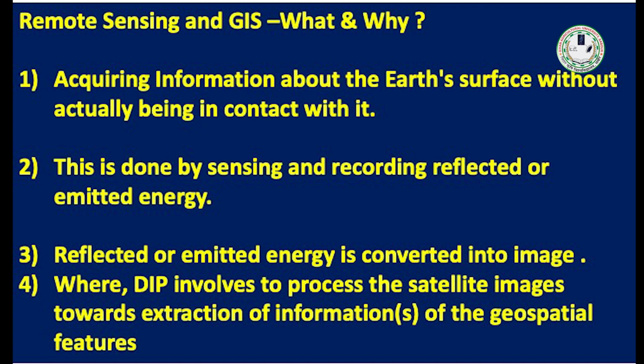Why space technology, remote sensing, GIS or telecommunication? Because the most important thing is acquiring information about the earth's surface without actually being in contact with it. What does remote sensing represent? Remote sensing is acquiring information about the earth surface without actually being in contact with it.